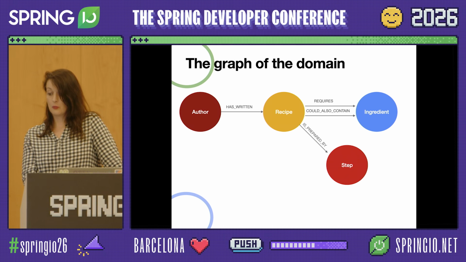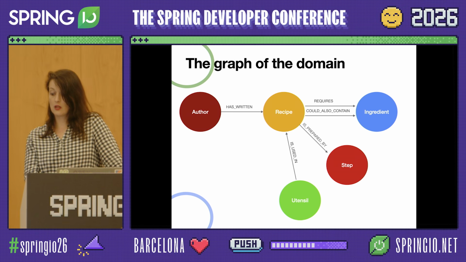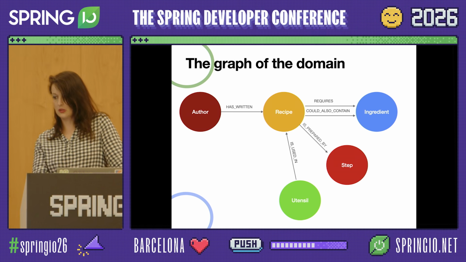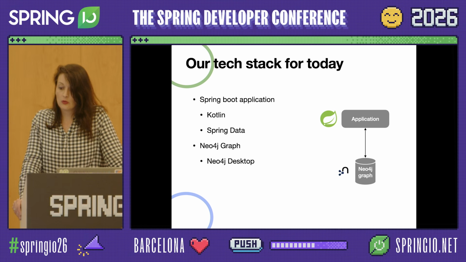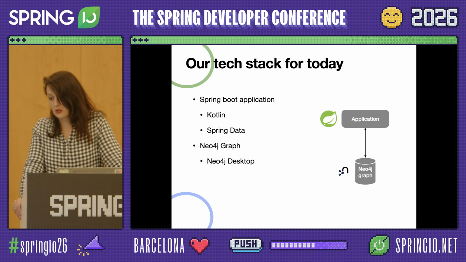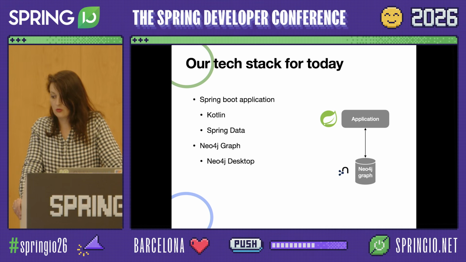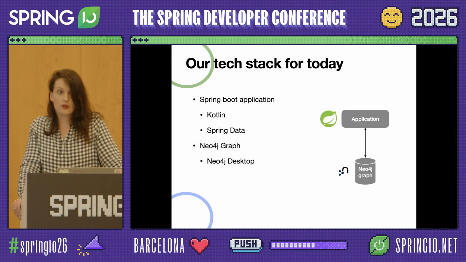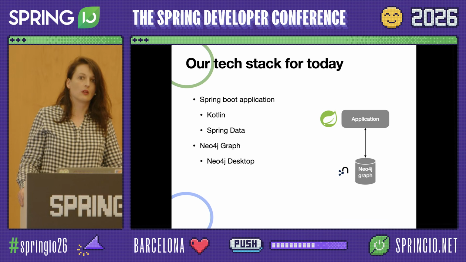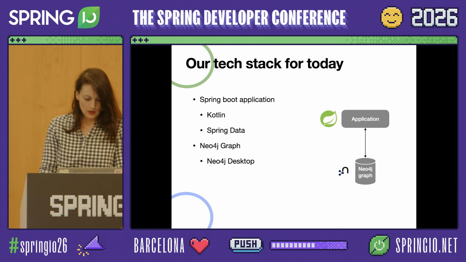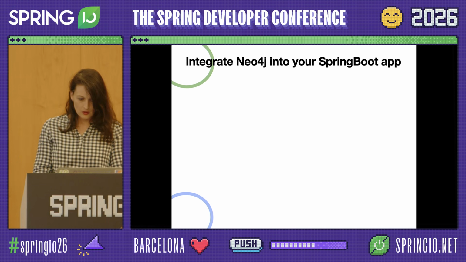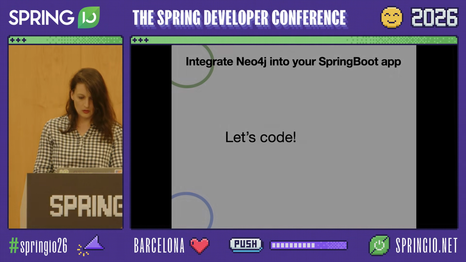A recipe is prepared by steps, and utensils are used in recipes. Our tech stack is a Spring Boot application written in Kotlin using Spring Data to do the connection with your Neo4j graph. I deployed my Neo4j graph locally on my laptop, but you can deploy it anywhere you want. So let's show you some code now.